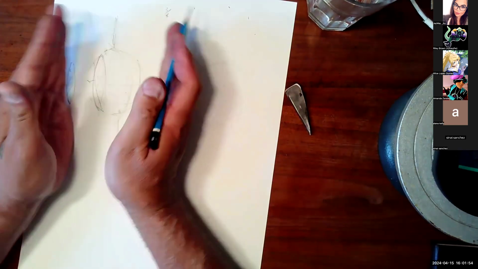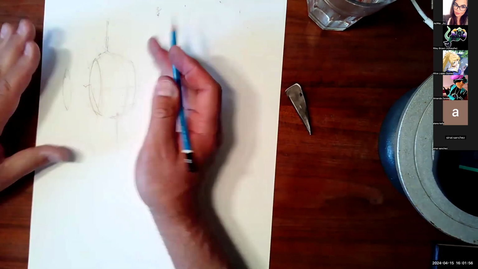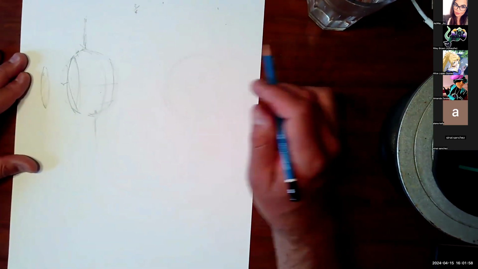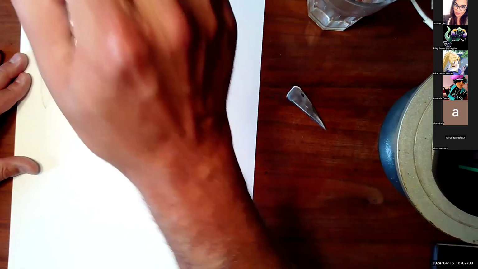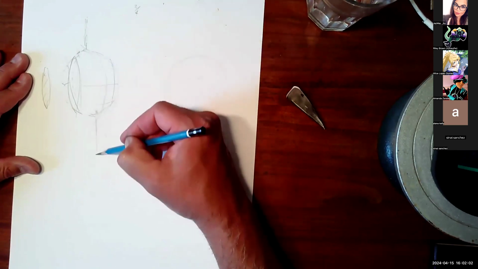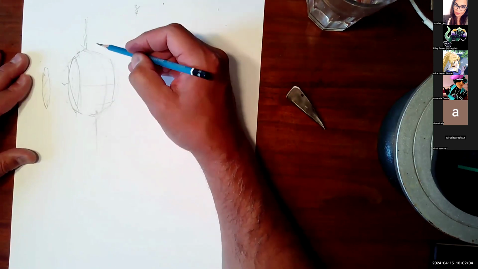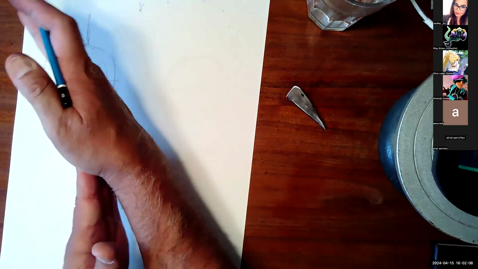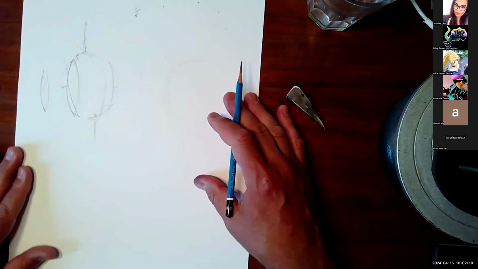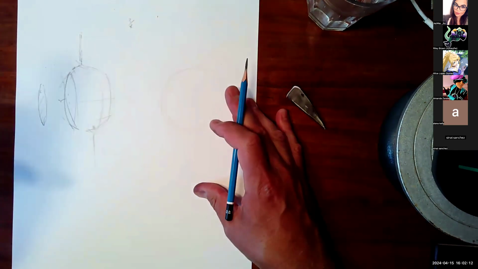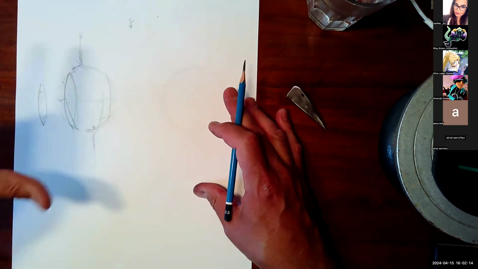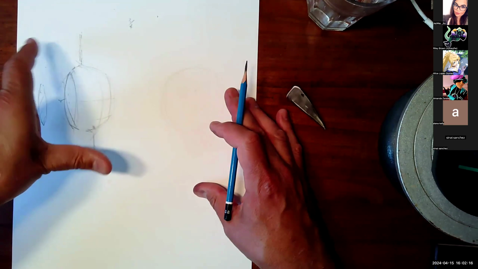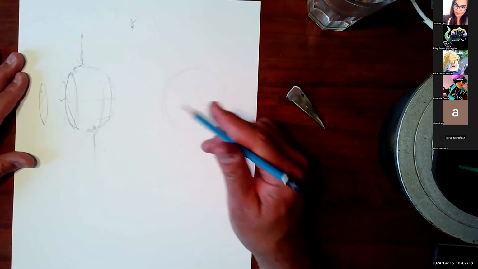I noticed that his head is at a tilt this way, so I'm going to adjust my drawing a little bit. It's handy. If any of you do any kind of 3D modeling, you'll know there are pins that allow you to move and torque the object forward and backward. This is the same thing.